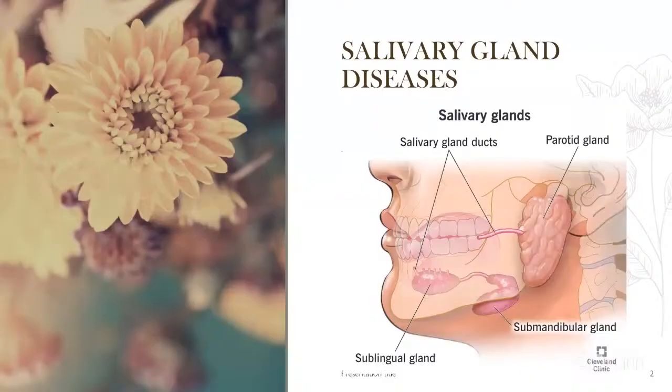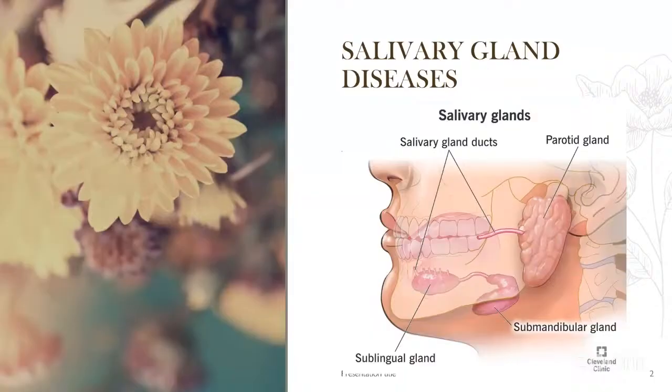Stenson's duct is the parotid duct which opens opposite the maxillary second molar onto the buccal mucosa. So you can look for any inflammation of the ductal orifice, and also you look for the salivary secretion, whether there is any pus discharge or bleeding, etc.